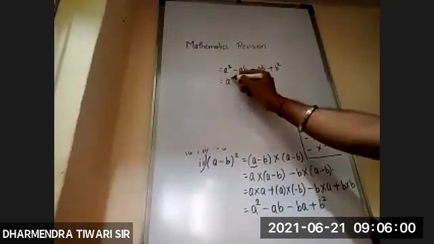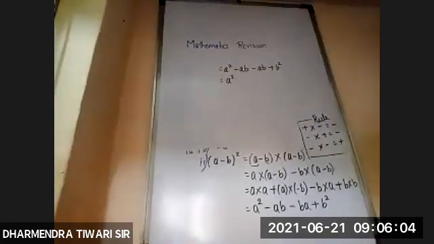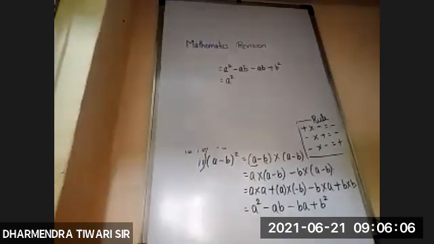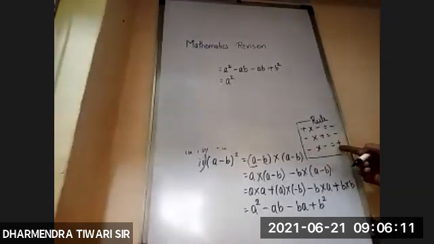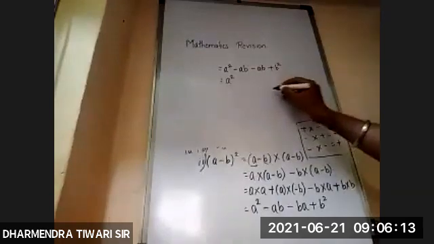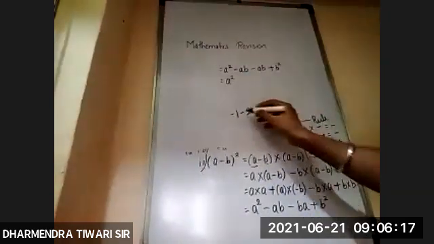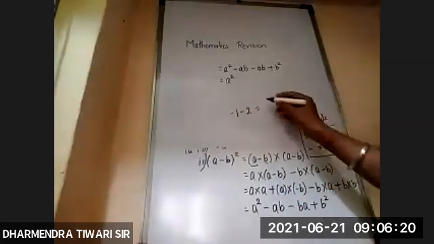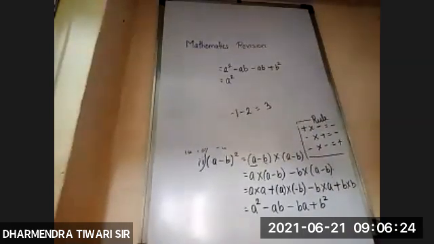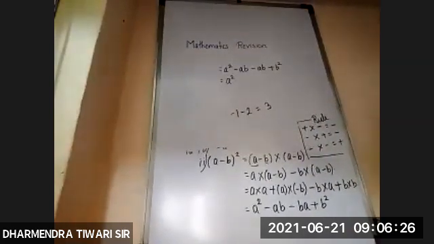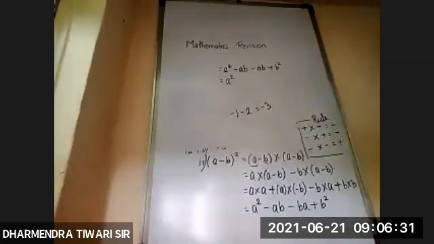This is A square minus minus. Earlier we have used minus into minus, which is plus. Now, when we talk about minus 1, minus 2, what is the answer? Minus minus plus. So 1 plus 2 is 3, and the sign of the largest number. The largest number is 2, and its sign is minus. So write here minus.